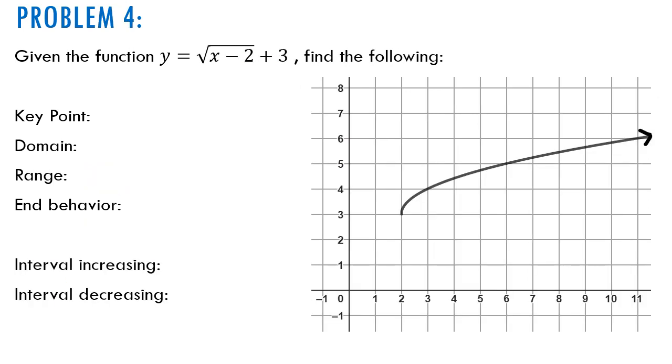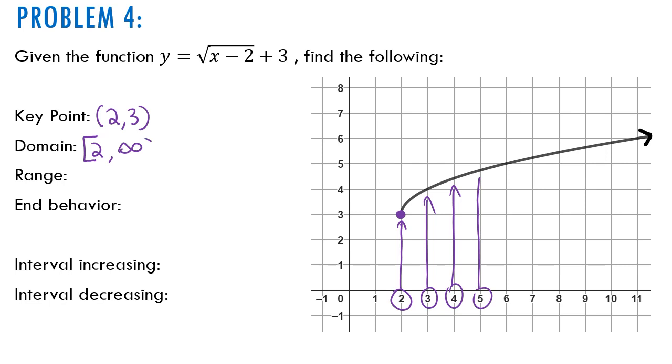Okay, another one. So here we have ourselves the function y equals the square root of x minus 2 and then plus 3. So our key point is located right here at 2, 3. Our domain, so the first x value that makes the graph is a 2, and then a 3, and then a 4, and then a 5, and so on and so on. So it's starting at the number 2 this time, and it's heading towards positive infinity.